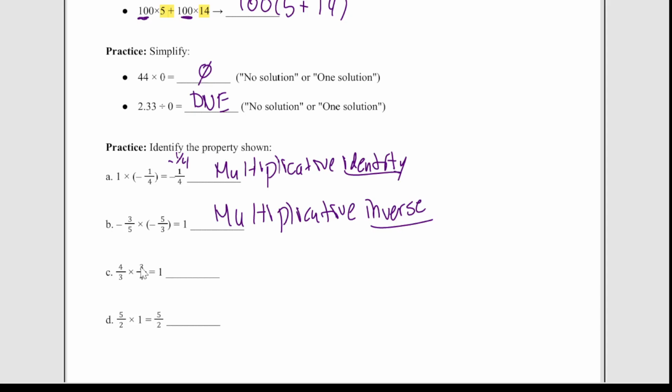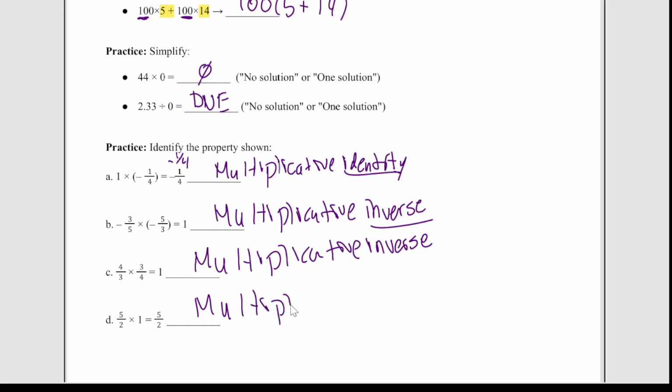Similarly, 4/3 times 3/4 equaling 1, that's going to be your multiplicative inverse, because I just undid that by multiplying by the reciprocal to get back to 1. While saying 5/2 times 1 is 5/2, that is just your multiplicative identity, because I'm just stating that multiplying anything times 1 gets back to itself.